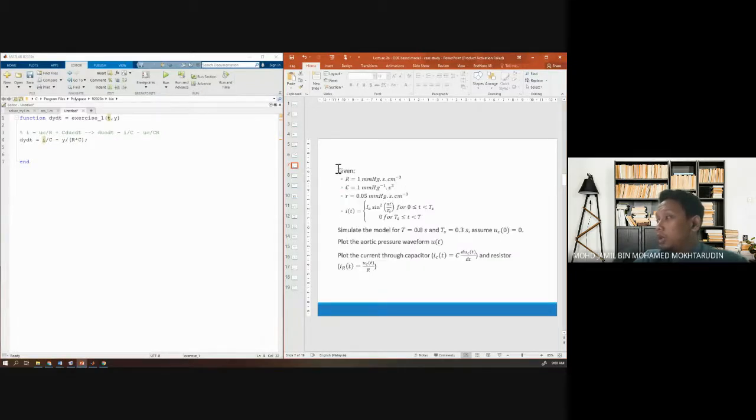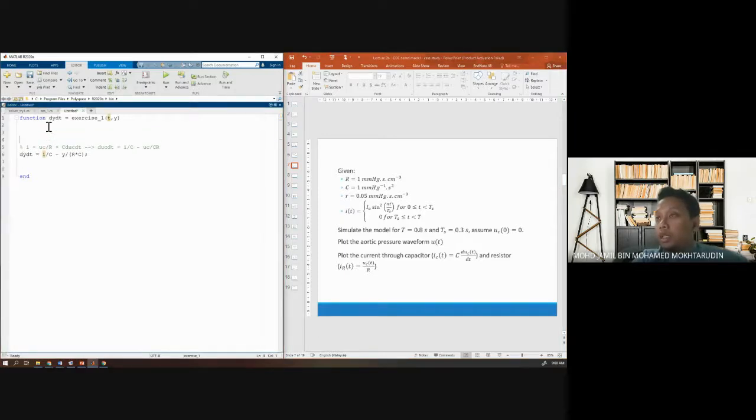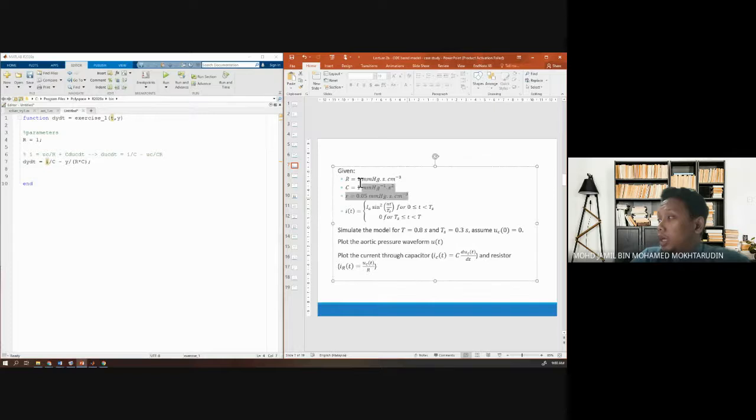Okay, so you are given these parameters and the function of I. So you just write the parameters. R equals 1. Ignore the unit, because usually the units given to you will be consistent, so don't worry about converting to SI units.